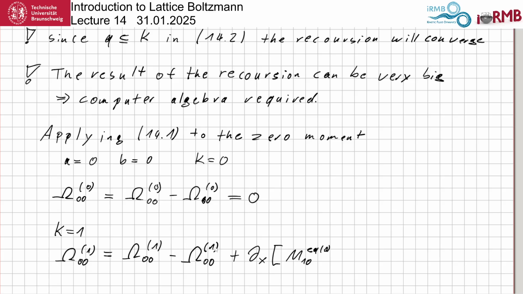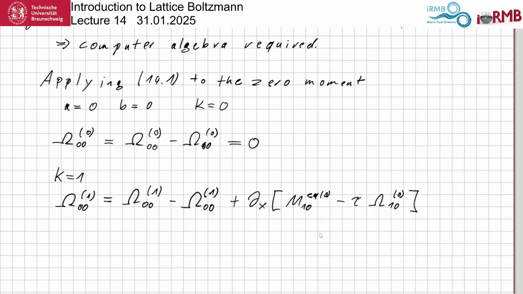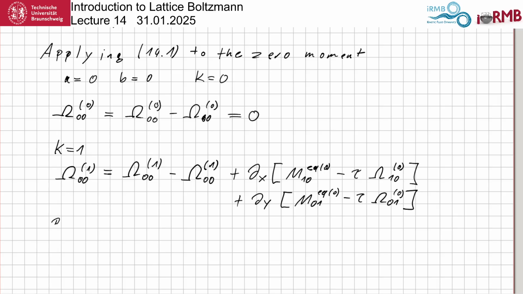So when here is a 1, then here must be a 0, minus tau omega 1, 0, and again this is of order 0, plus the y part m0, 1 to order 0 minus tau omega 0, 1 to order 0. Okay, now we know that these guys here will disappear, for the same reason that we had before.